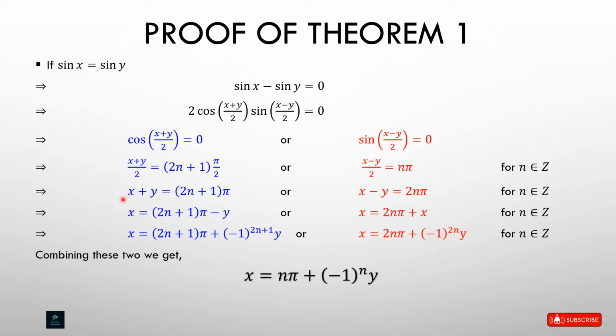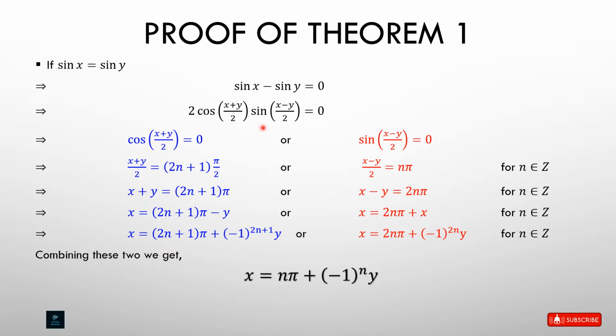This means that x plus y is equal to (2n plus 1) pi, and this means that x is equal to (2n plus 1) pi minus y. Generalizing it, we get x is equal to (2n plus 1) pi plus minus 1 to the power (2n plus 1) times y. Since 2n plus 1 is an odd number, therefore minus 1 to the power (2n plus 1) will always be equal to minus 1.